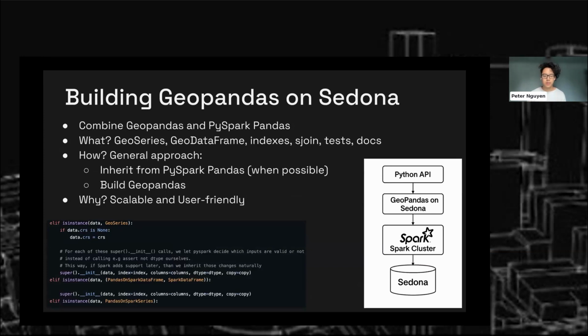That made things pretty reasonable to do. Otherwise, building an entire distributed geospatial Pandas API without that would be a lot more complicated. But I'm excited to show what we have as support for everything from the GeoSeries, the GeoDataFrame, indexes, the spatial joins, and everything is tested and documented pretty well.